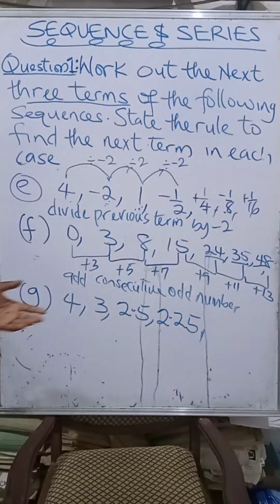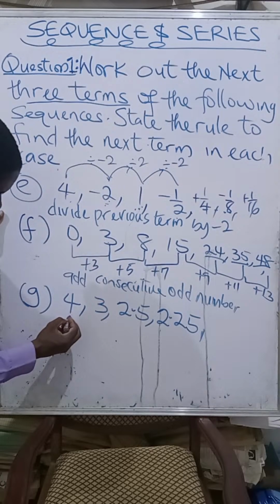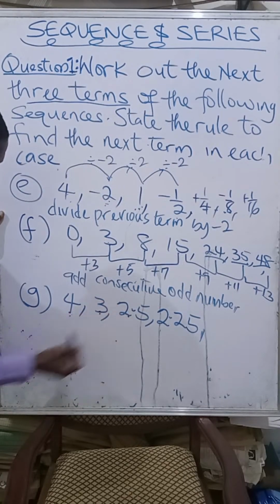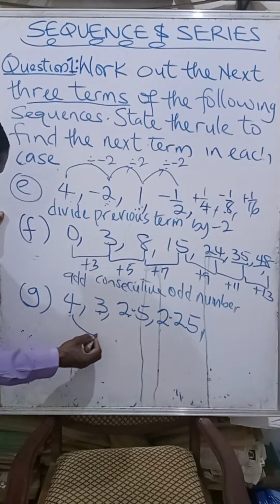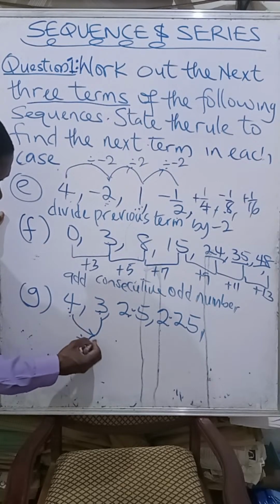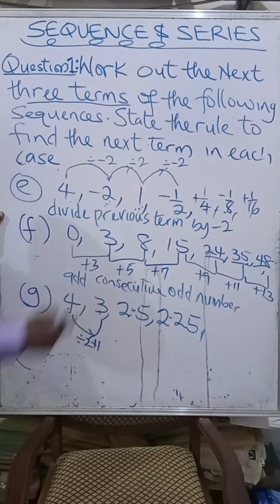Okay, look at what we have here. This one is 4, 3, 2.5. Check it very well. What happened here is that you divide this 4 by 2, and then you add 1. 4 over 2 is 2, plus 1 will give you this one.